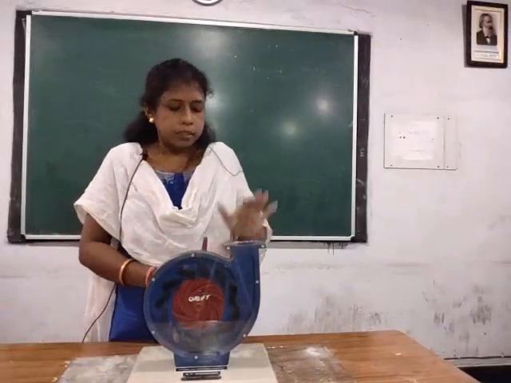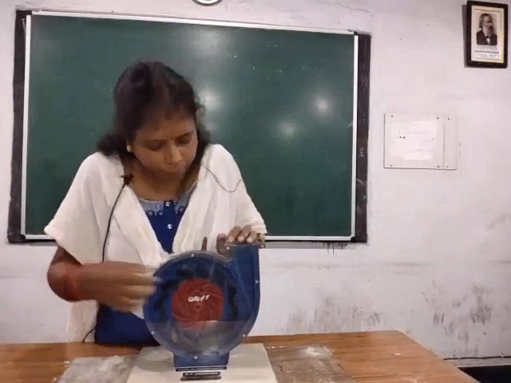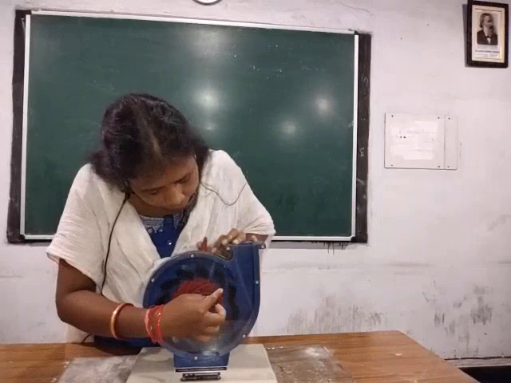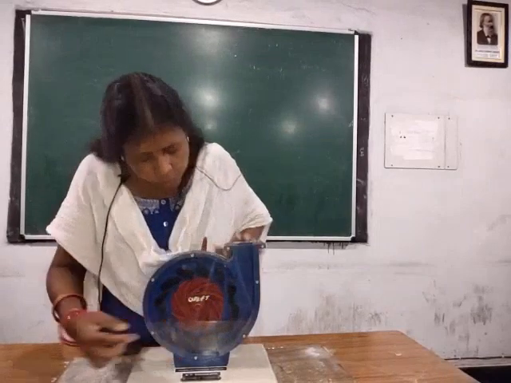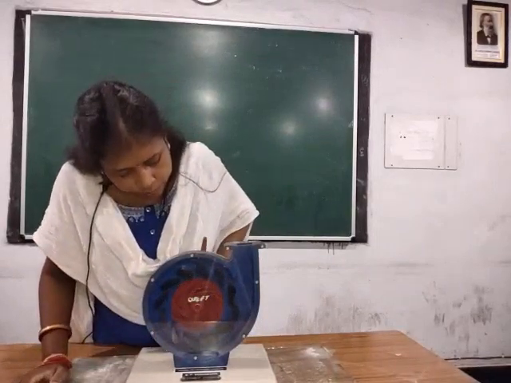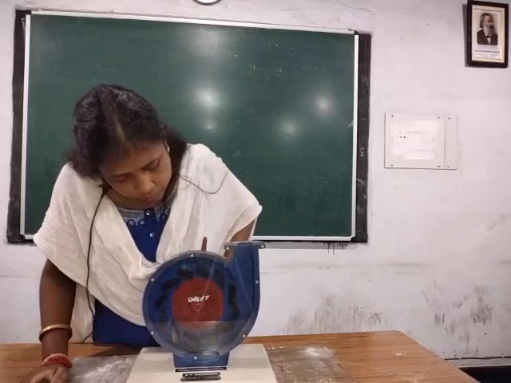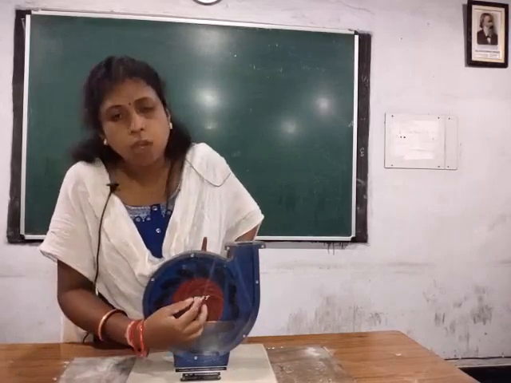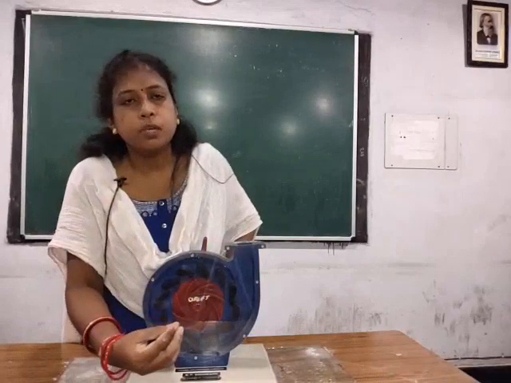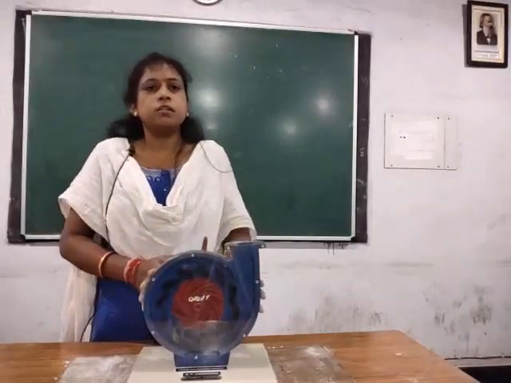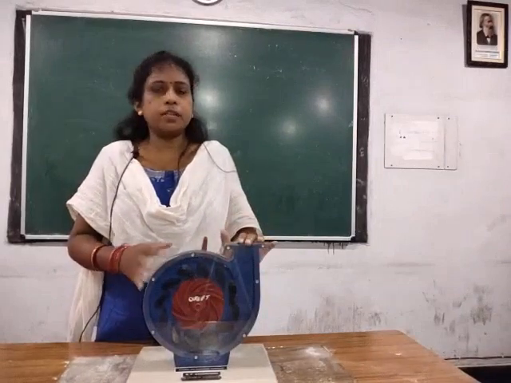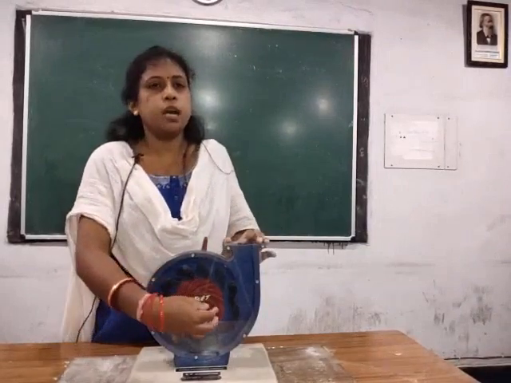So here the water enters from this part, is guided by the guide vanes and enters the runner. When it enters the runner, it starts moving, and from this part the water comes to the outlet. So this is the model of a Francis turbine, and this is how the water comes inside and moves outward.